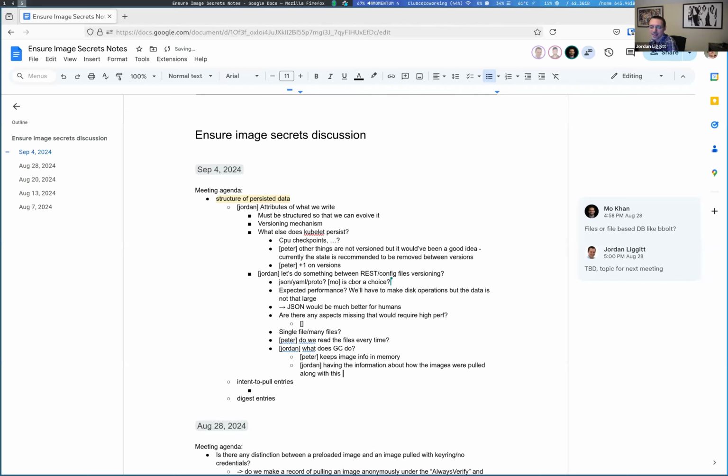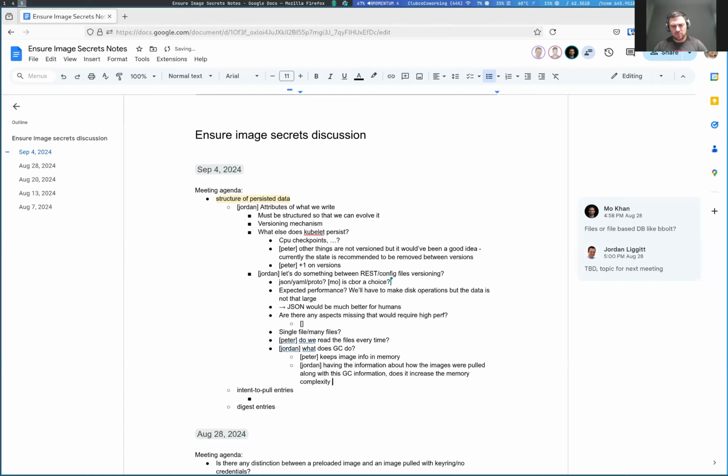The fastest thing would be, on startup, read in the pull information and credential information for images and hold that in memory, and then work from memory and just persist changes back out to disk. Then you're not having to read a file and decode it on every image check, which would be ideal.